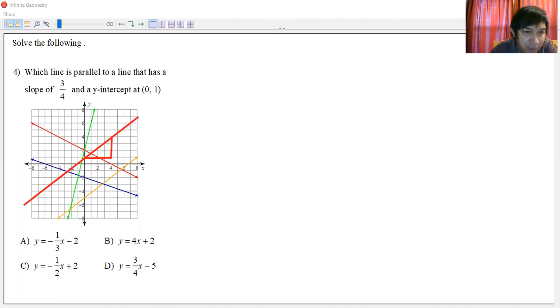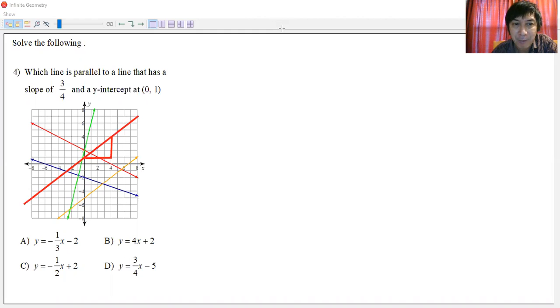Okay, and let me just do a little adjustment going up. There. Okay, it must be that line. Okay, a line with slope 3/4 and an intercept at 0, 1. So where's the point 0, 1? It's 1 unit above the point of origin.